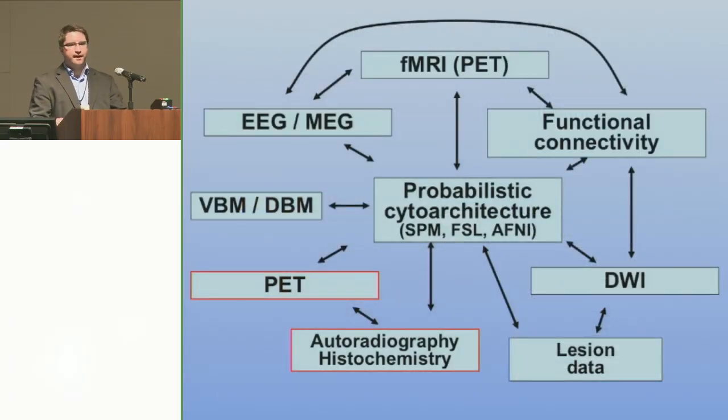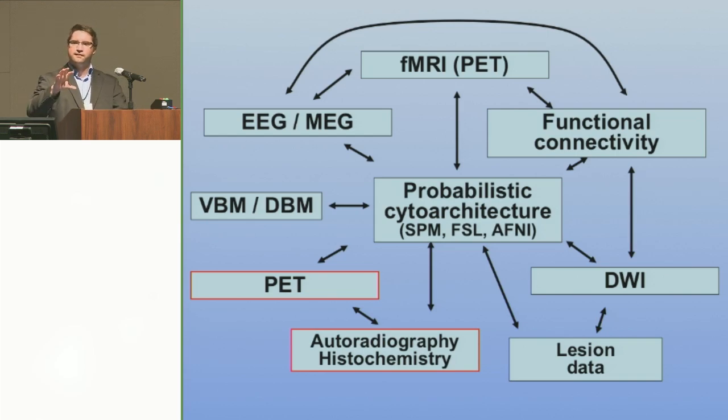So finally then, we can also, for example, use receptor PET data as a region of interest. And as I already mentioned earlier, the nice thing is we have the link to anything which is ex vivo.